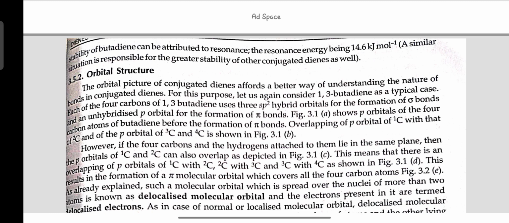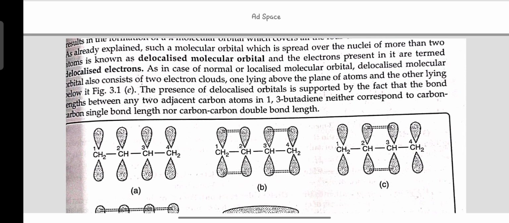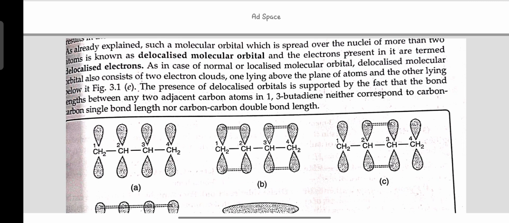As already explained, such a molecular orbital which is spread over the nuclei of more than two atoms is known as delocalized molecular orbital, and the electrons present in it are termed delocalized electrons. As in the case of a normal or localized molecular orbital, the delocalized molecular orbital also consists of two electron clouds, one lying above the plane of atoms and the other lying below it.